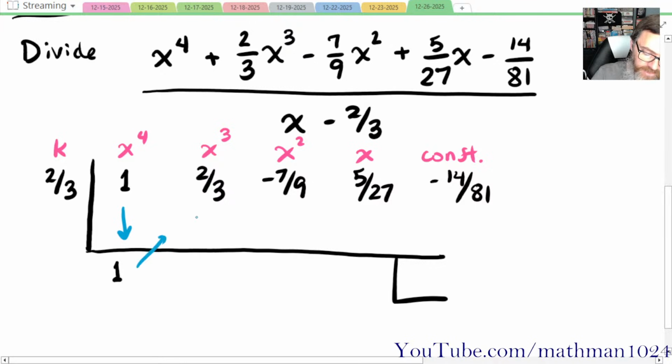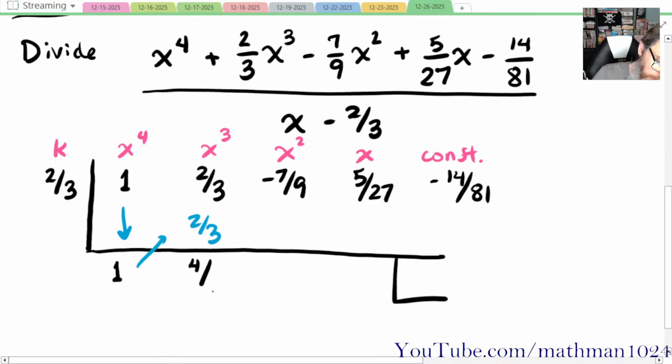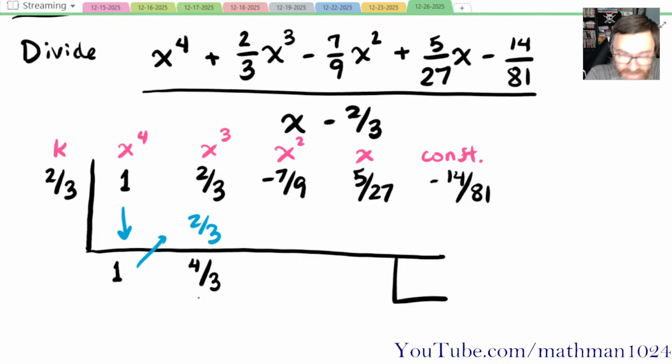Times the k value, so that's going to be 2/3. So it's just really 1 times 2/3, right? And then when you add these guys, they already have a common denominator. So 2/3 and 2/3 is 4/3. Please remember that when you are adding fractions, you have to have the same denominators. And then you just add the numerators. You don't ever add denominators.